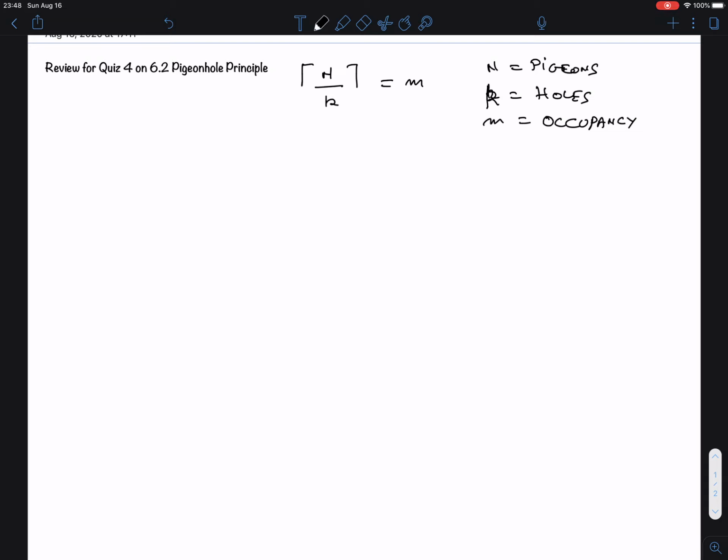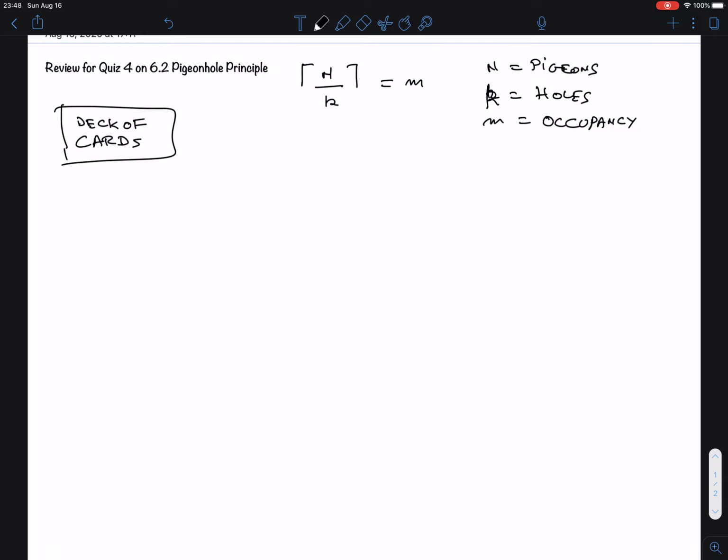Okay, so let's do some examples. Let's start with a deck of cards, and you need to know this. Many of you probably know a deck of cards, but some of you might not be so familiar with them, because a lot of questions are based in combinatorics.